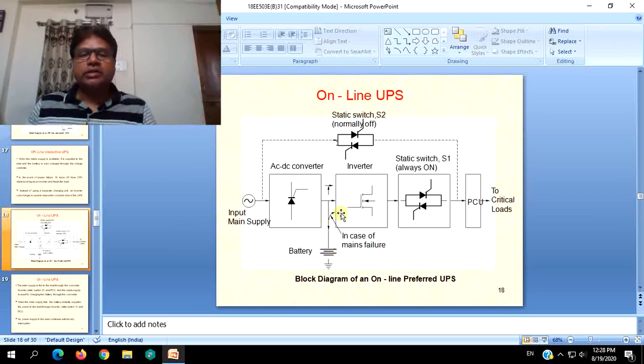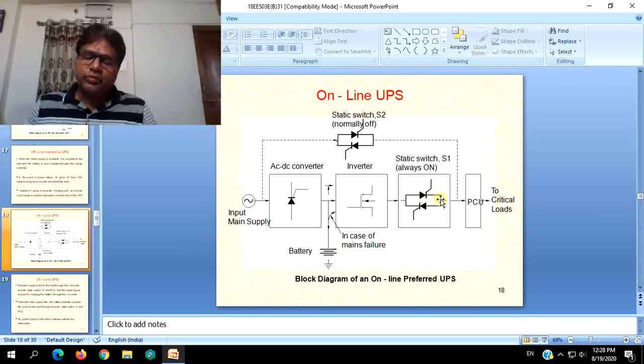So the battery discharges, that is inverted from DC to AC and passed on to the PCU and critical loads via the static switch S1, which is always on. So during both the modes, when supply is on or off, this S1 is always on, and supply is fed via the source and the battery according to the requirement via the S1, which is always closed.